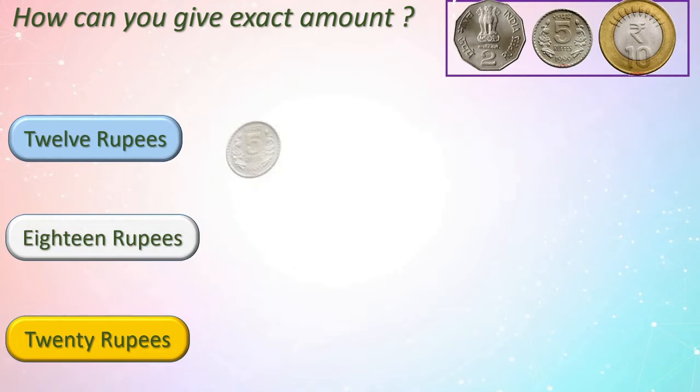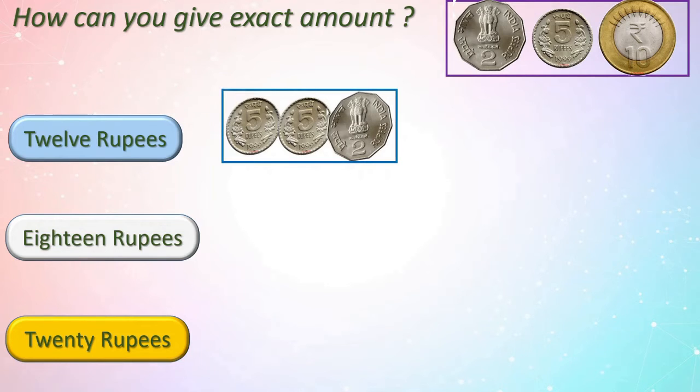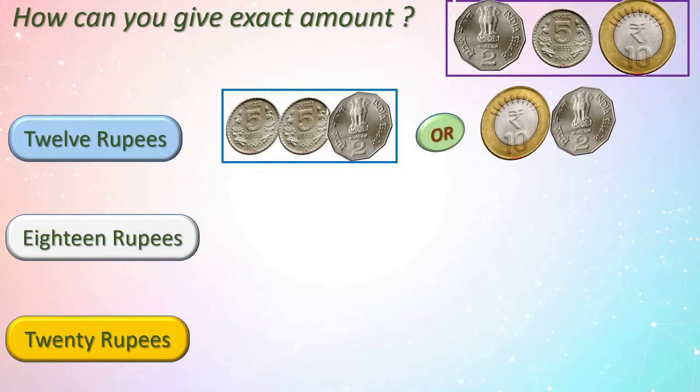Yes, you will use 5 rupee 2 coins and 1 2 rupee coin. Very good. It became 12 rupees. Or you can use, yes, nice, 10 rupee 1 coin and 2 rupee 1 coin. That also became 12 rupees.